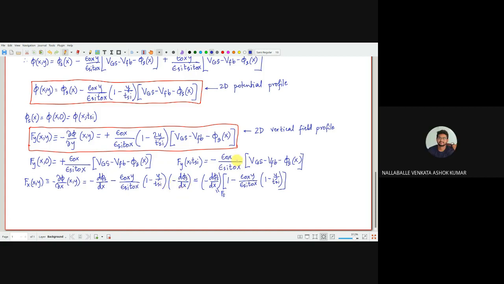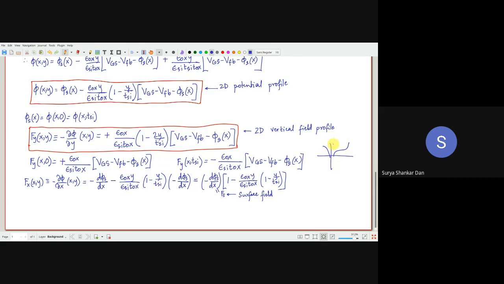Yes, sir. So notice that this is a surface field. How do you relate the surface field? The surface field is essentially connected with the charge in the silicon material. Go back to the MOSFET charge modeling, remember this curve which we did in our class?